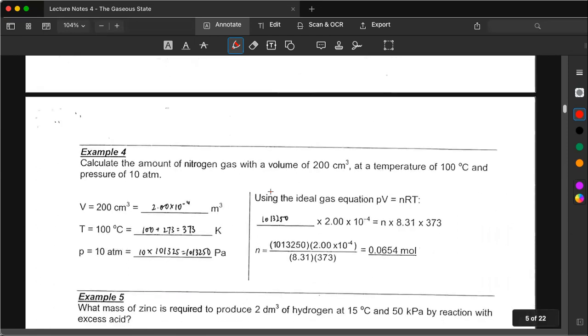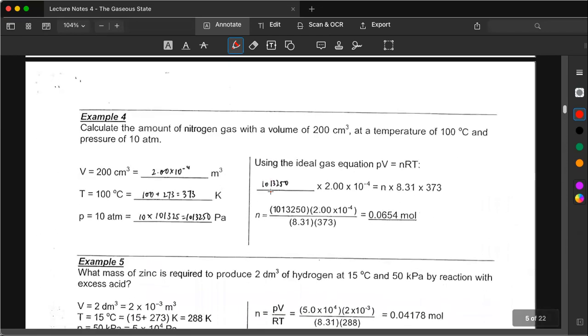Here are some examples that you can try in your own time. Calculate the volume of nitrogen gas with a volume of 200 cm³ at a temperature of 100 degrees Celsius and pressure of 10 atm.